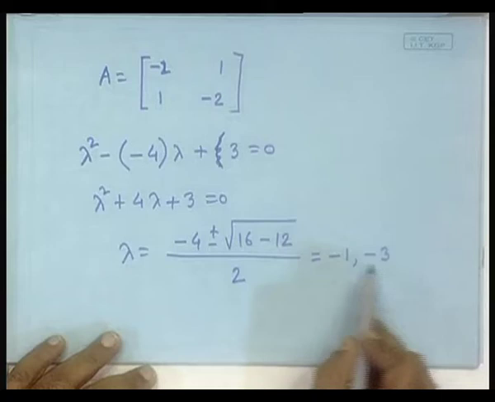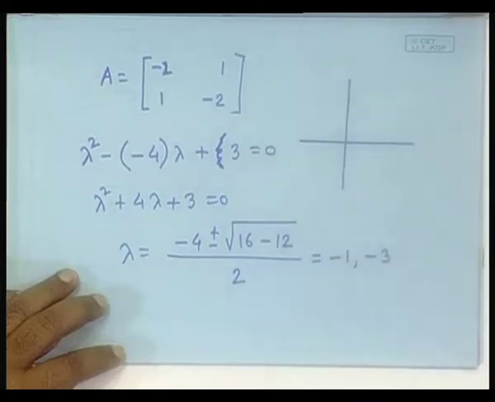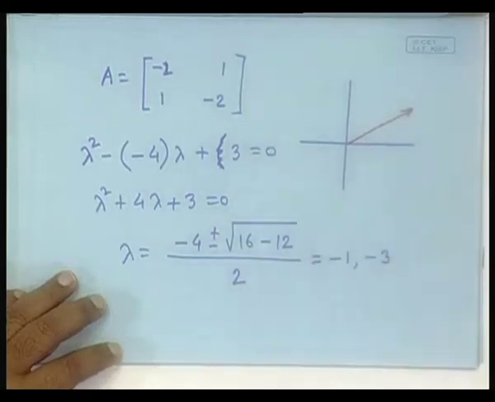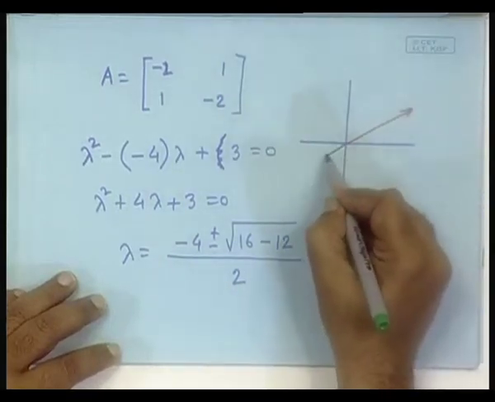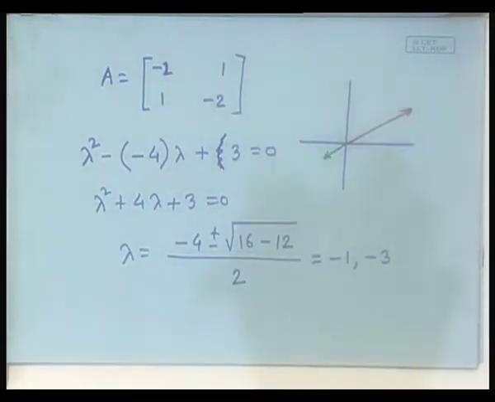What is the meaning of minus? It means that if you have the original vector like this, the transformed vector will be in the opposite direction, but along the same line, that is all.